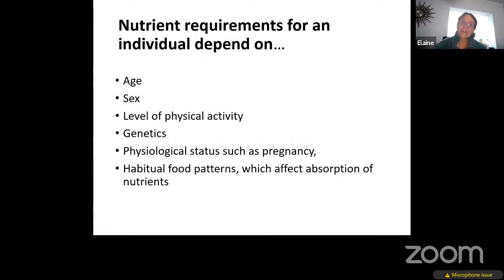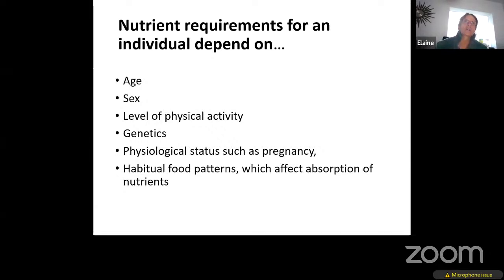Nutrient requirements for an individual will depend on your age, your sex, your level of physical activity. Then there's, of course, genetic variation in requirements, physiological status, such as pregnancy, because, of course, requirements go up during pregnancy, as well as your habitual food patterns, because these affect the absorption or the bioavailability of certain nutrients.